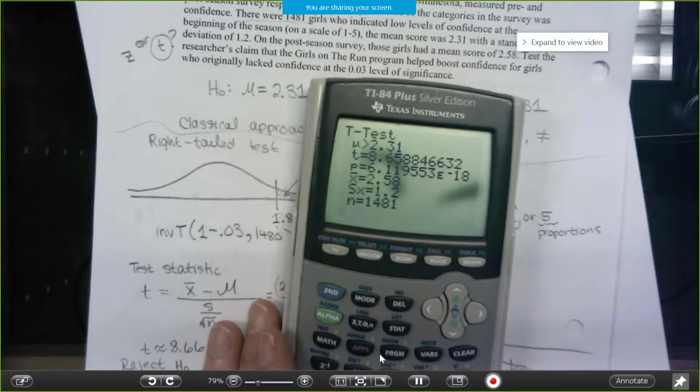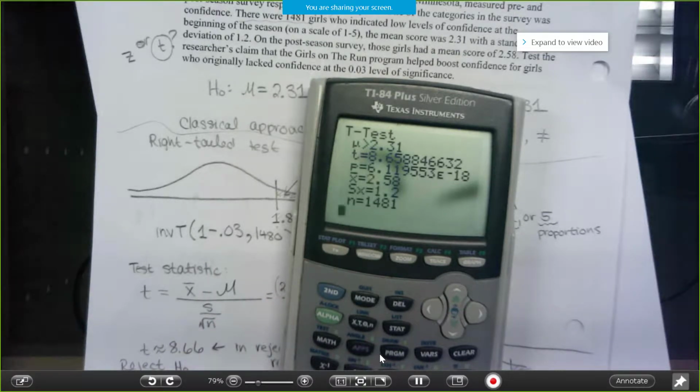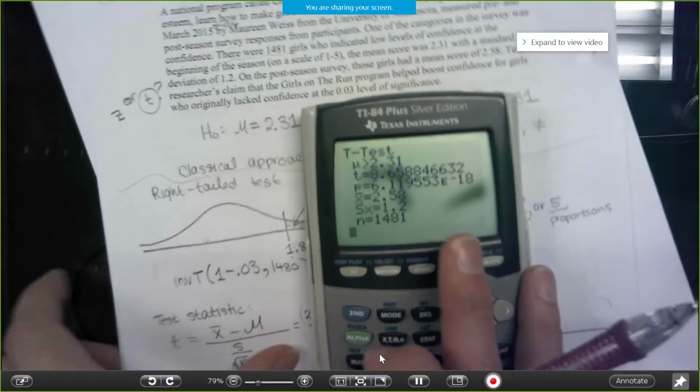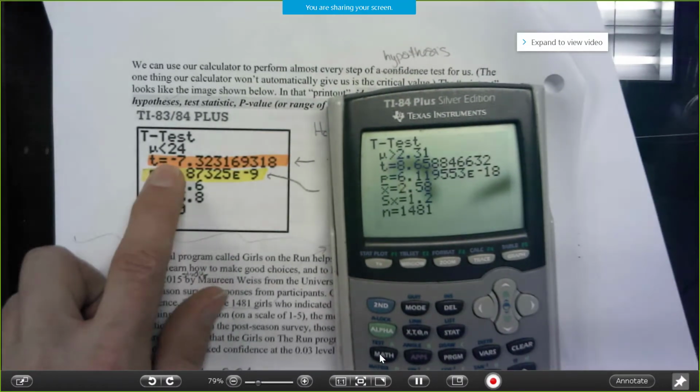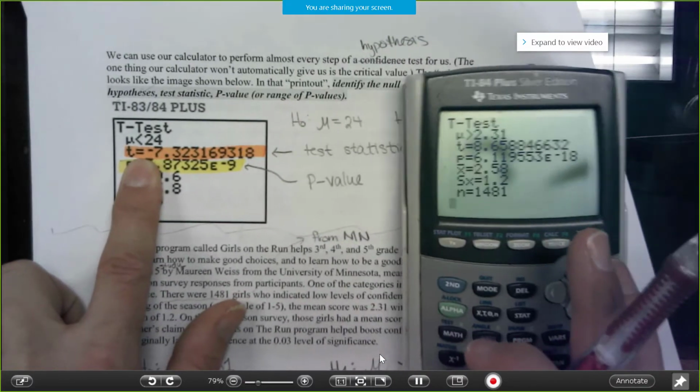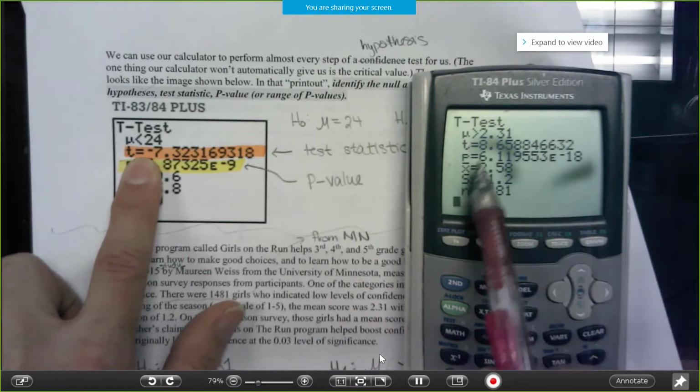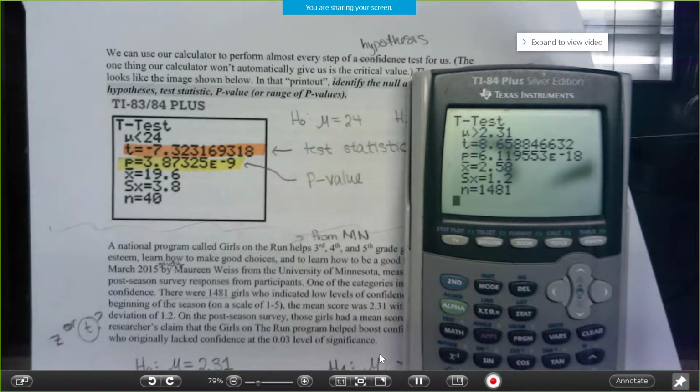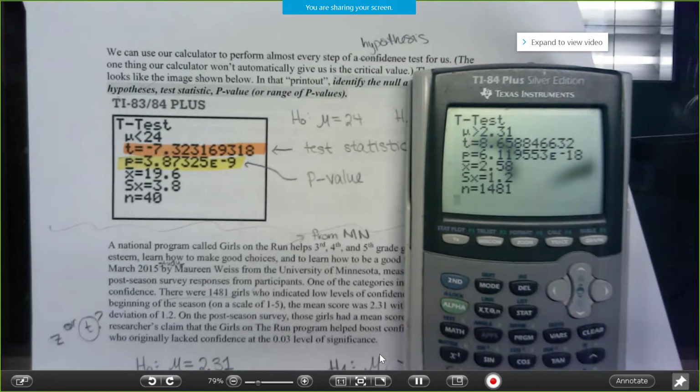Yes? You want to highlight stats on the very top row. So here, I said the second line is what gave us our test statistic. So see, 8.66, that's what we got when we did it by hand. And the p-value is a little bit off.